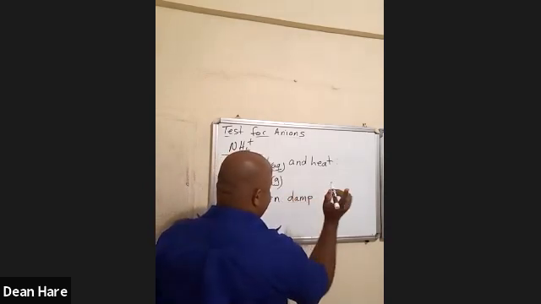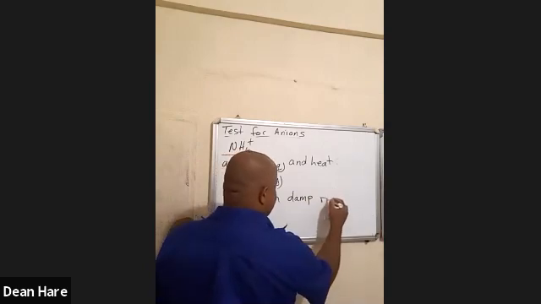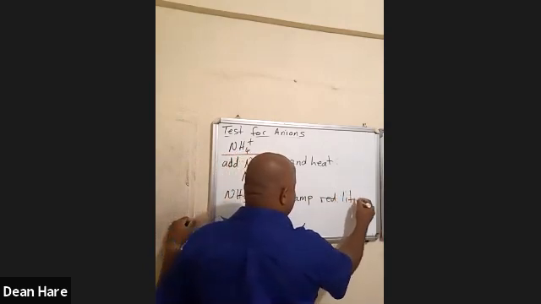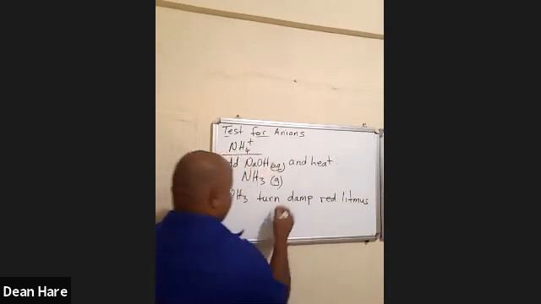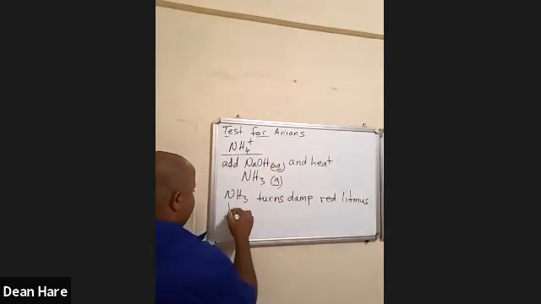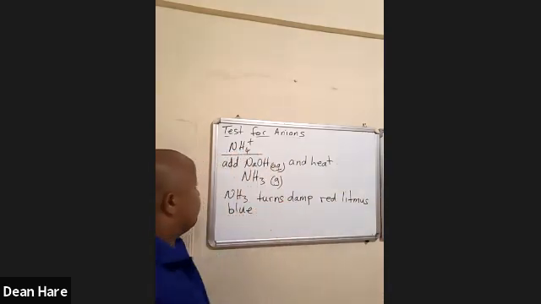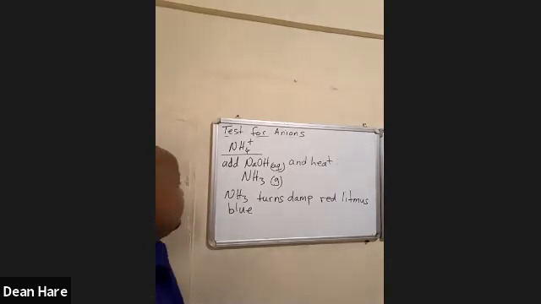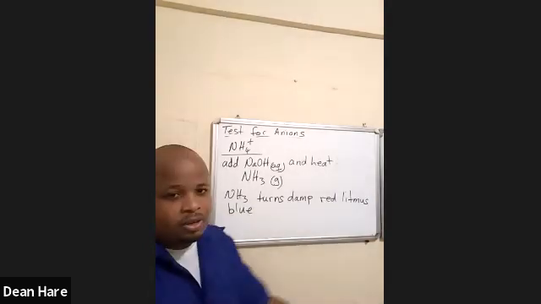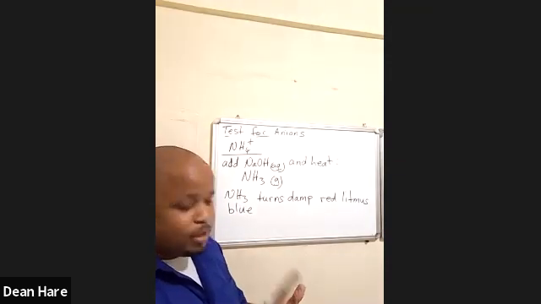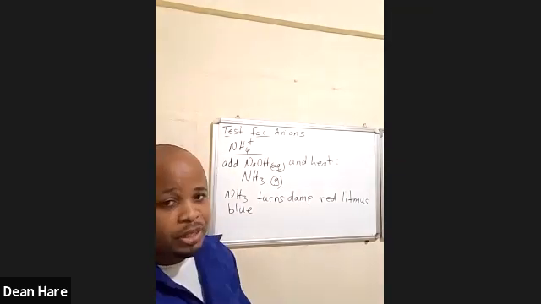Ammonia will turn damp red litmus blue. All right. So the negative ions we need to know are the halide ions, carbonate, sulfate, sulfite, and nitrate.